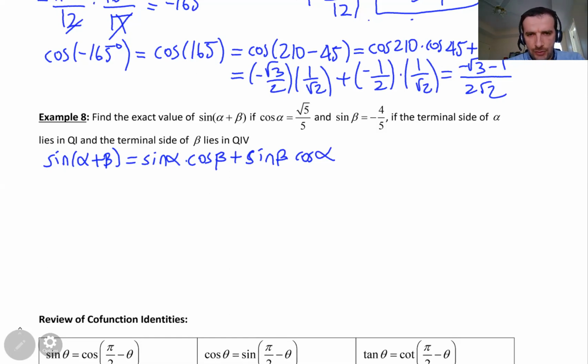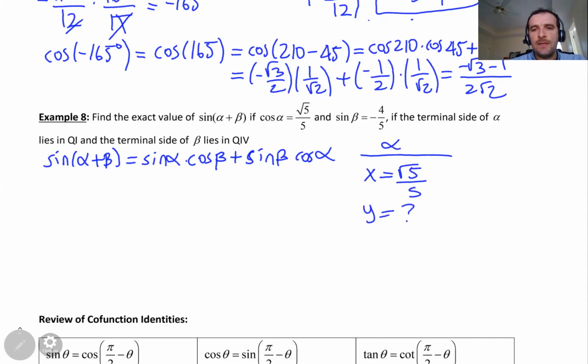What I know about alpha is cosine alpha is root 5 over 5. On the unit circle, remember, cosine is always x, sine is always y. So for alpha, x is root 5 over 5, and to get sine, I need to find y.